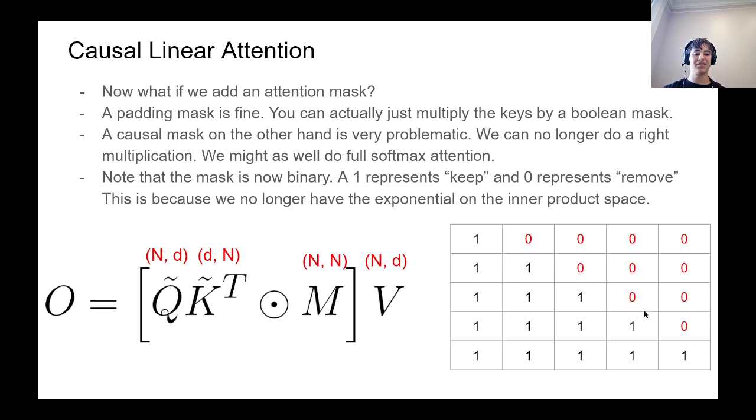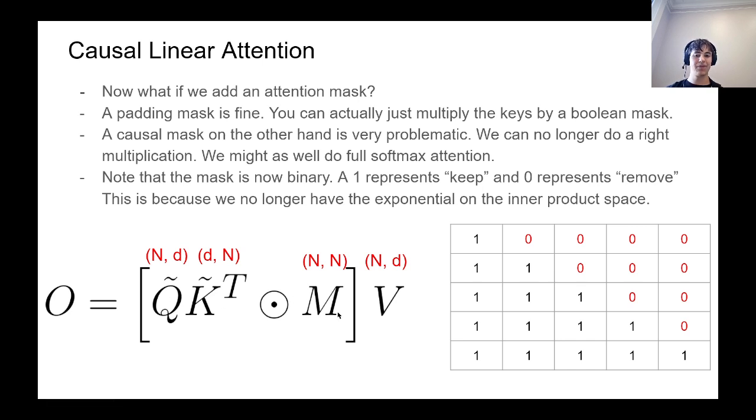So if you add a mask, as I mentioned before, you can use a binary mask. Instead of doing an additive mask, you do a multiplicative mask. So instead of having zeros here, you would have ones where you want attention to go, and zeros where you don't want attention to go. So what you do is you multiply your qk transpose with this mask.